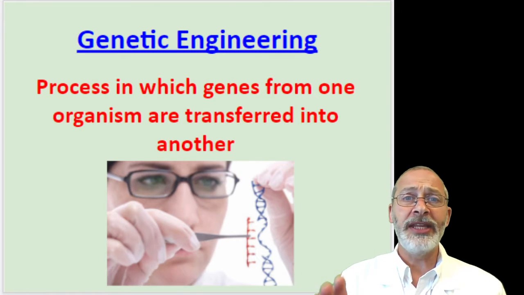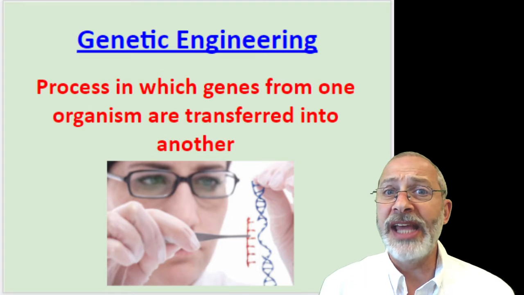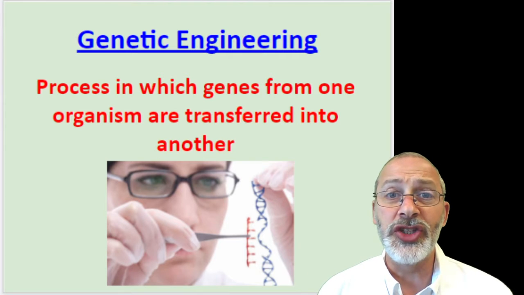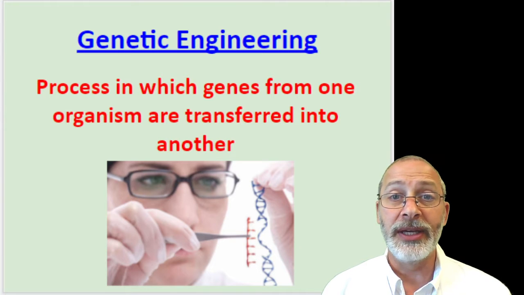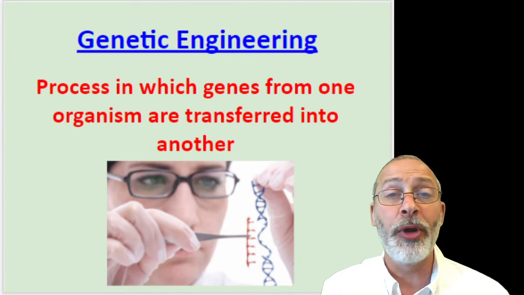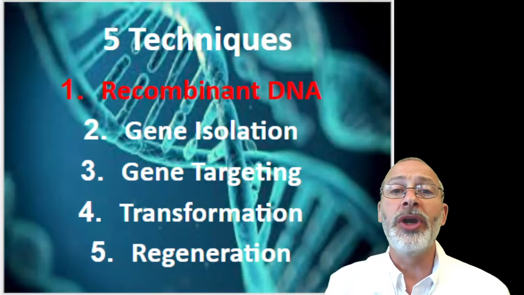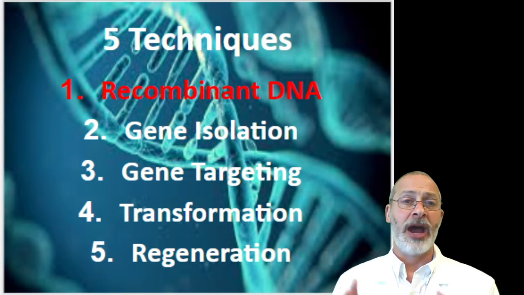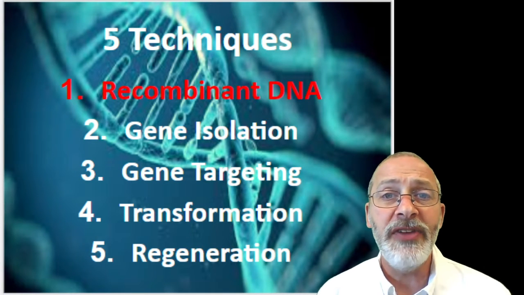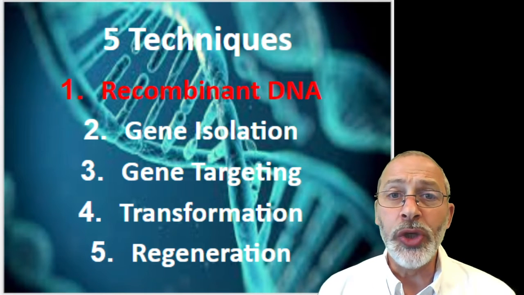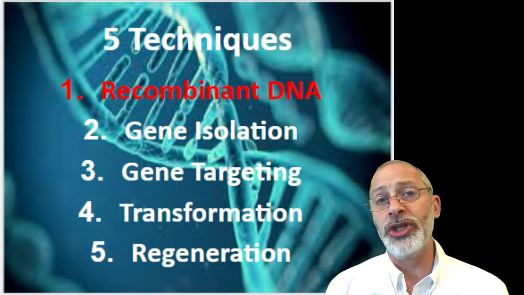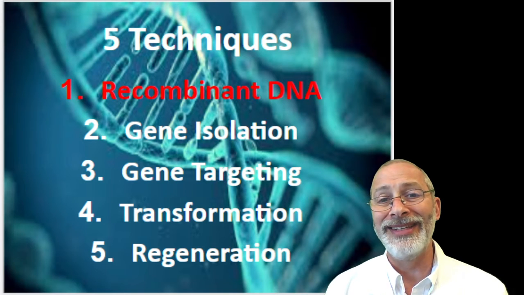And I understand that every day this field of study is changing so quickly that we could add things to the following list. But for our purposes on this topic, we're going to simply limit ourselves to 5 techniques that can be utilized in pursuing genetic engineering today.